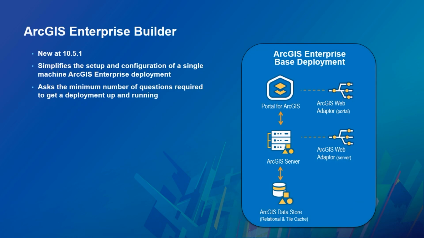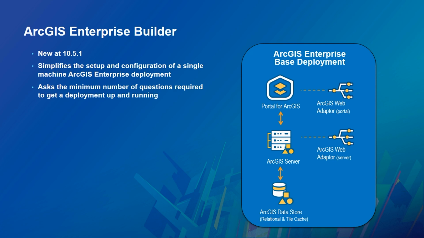So now we get to the Enterprise Builder. As I mentioned a couple slides ago, there are a number of different steps that you have to go through to manually set up your base enterprise deployment. And this requires considerable knowledge about how the different pieces tie together, and understanding what order to go through them.